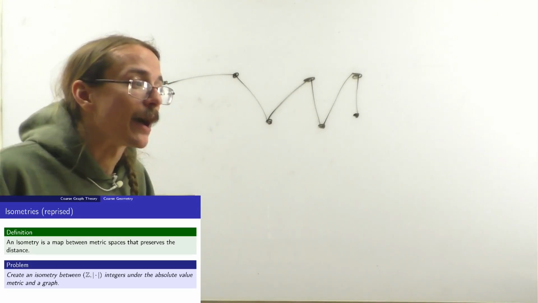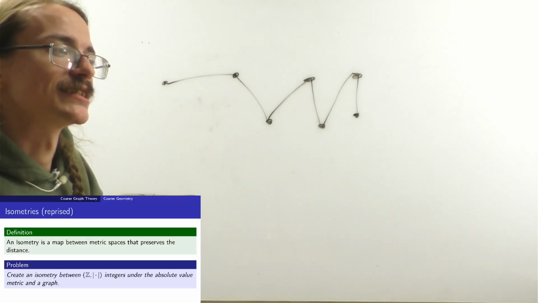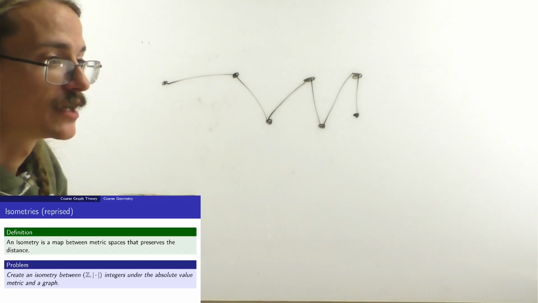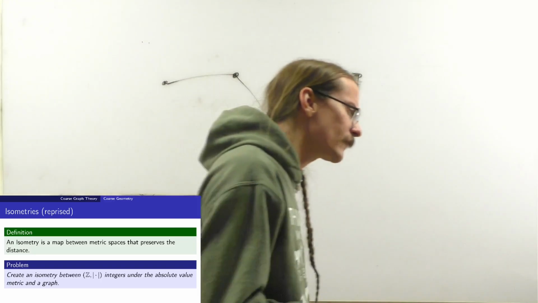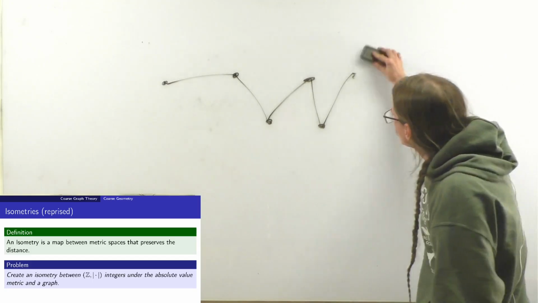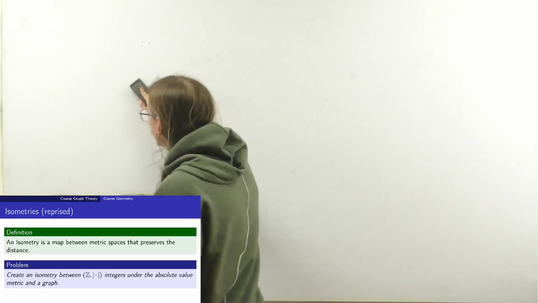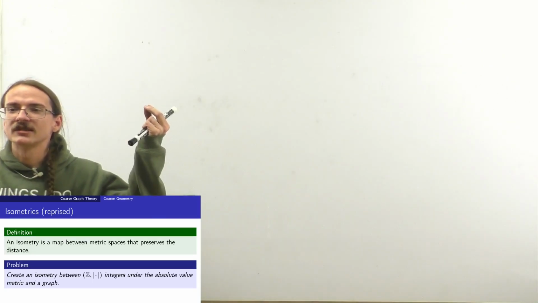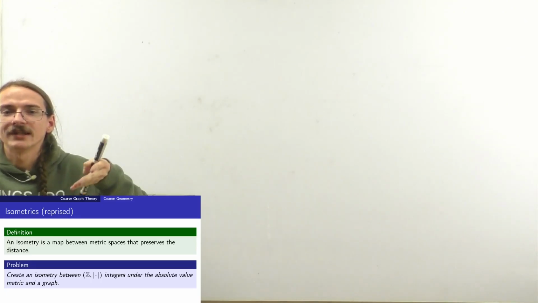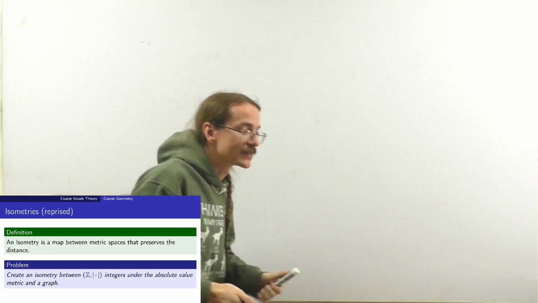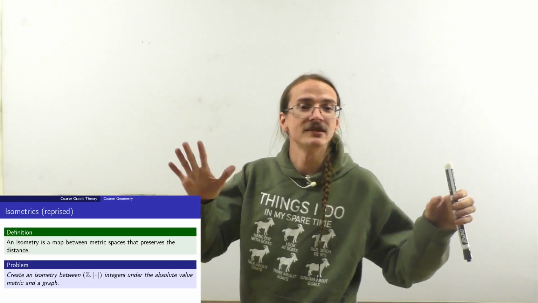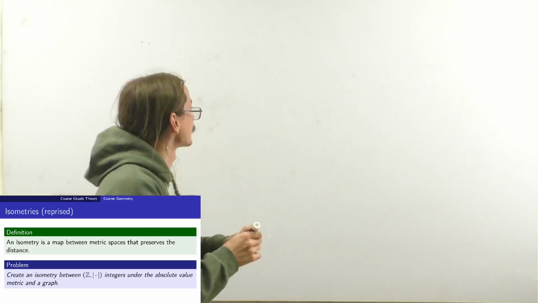Let's create a map that preserves distances between integers under the absolute value metric and a graph. Integers under the absolute value metric, everybody's clear on what that means? We're taking two integers, distance between them is the absolute value of them. This is how you get the triangle inequality as it was written. I'm not going to prove that this is a metric space unless somebody asks me to. Going once, going twice, sold to the guy who has no questions.